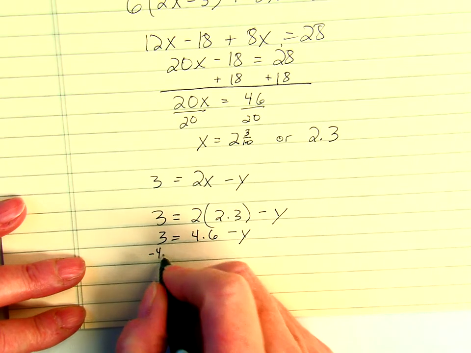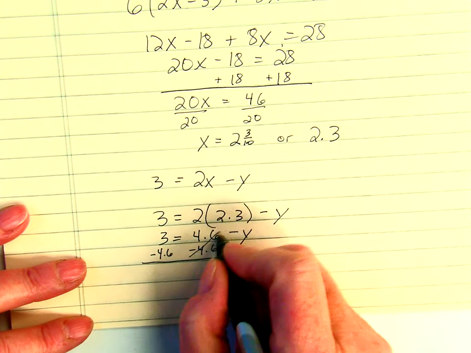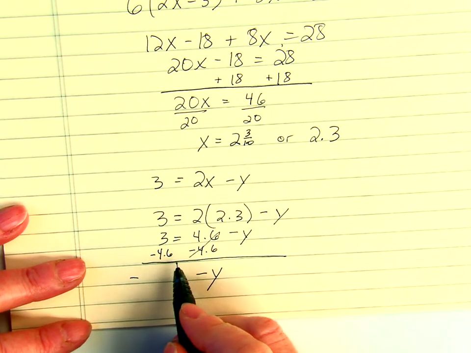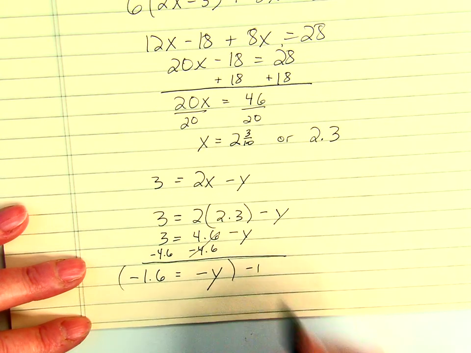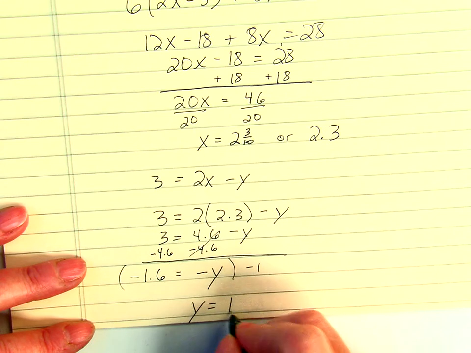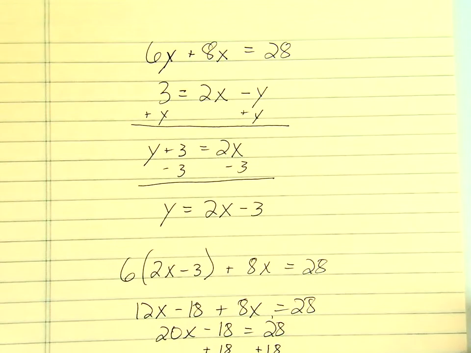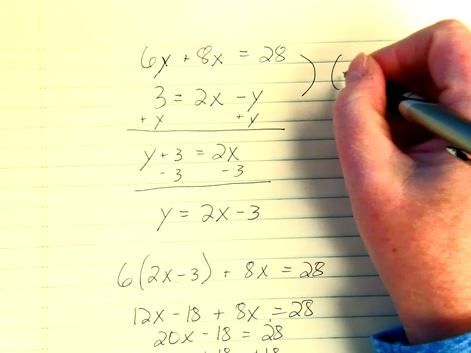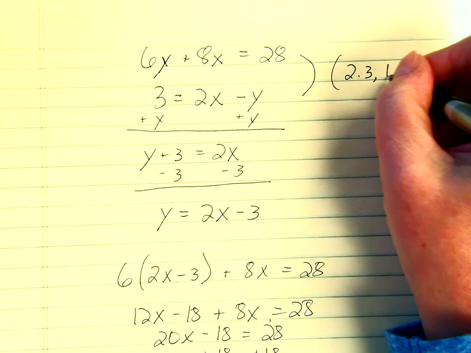If we subtract 4.6 from both sides, this will give us a negative y on this side, and negative 1.6 on this side. Multiply the whole thing by negative 1, and y is equal to 1.6. So coming back up here, I can say that my solution to this system of equations is my x of 2.3 and my y of 1.6.